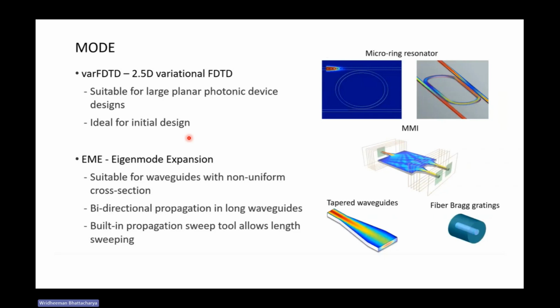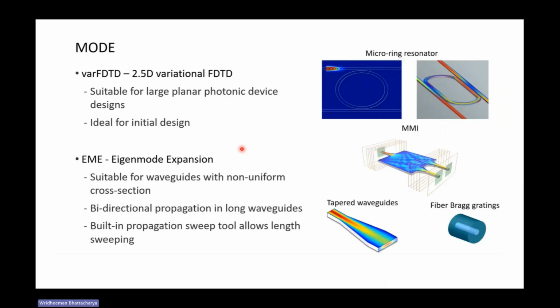It also has a built-in propagation sweep tool which allows length sweeping. So suppose in other solvers you had to sweep it manually or through optimization of parameters, for say 1 to 5 micrometers, it would take around 10 to 20 minutes.